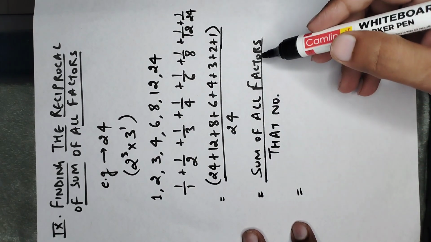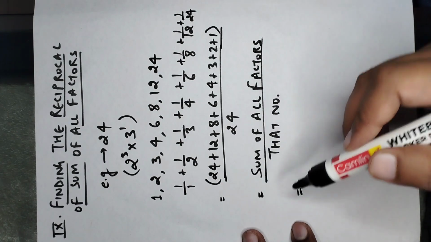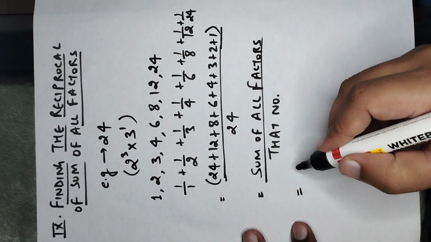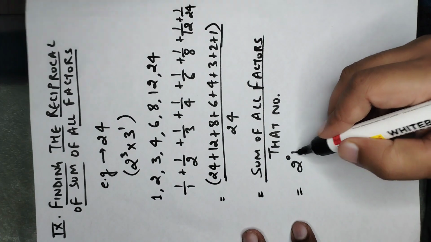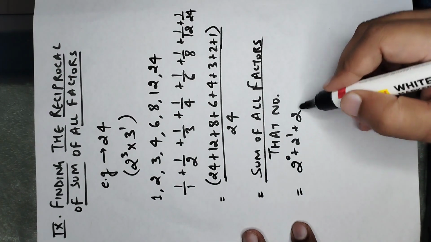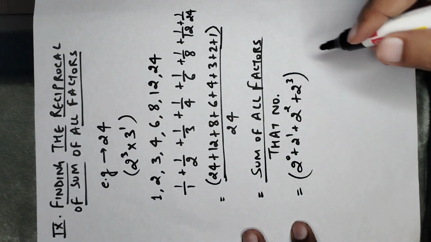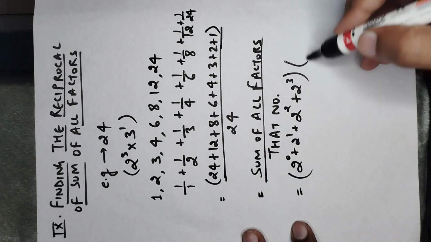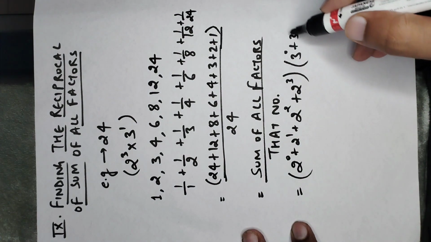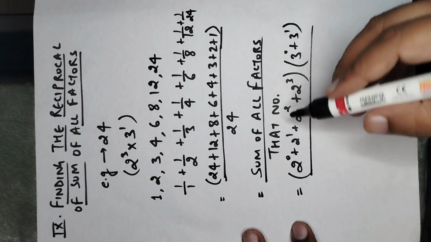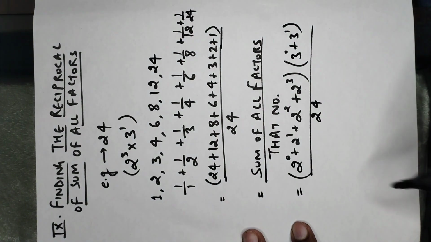If I have to find the sum of all the factors using this formula, I can write 2 raised to the power 3 as its sum of powers, and then 3 raised to the power 1 likewise, divided by that number, 24.